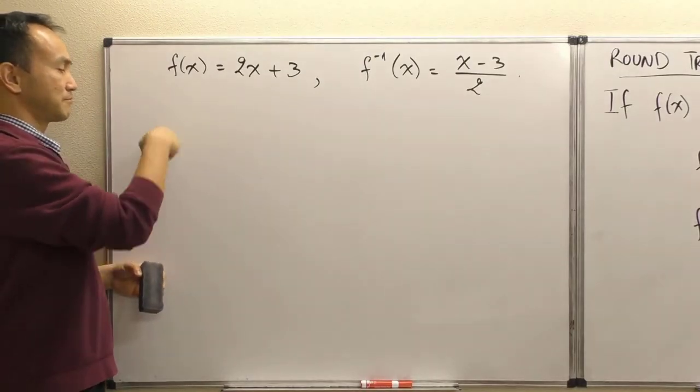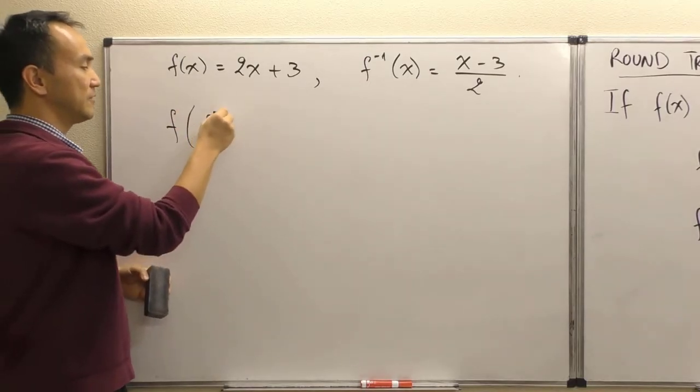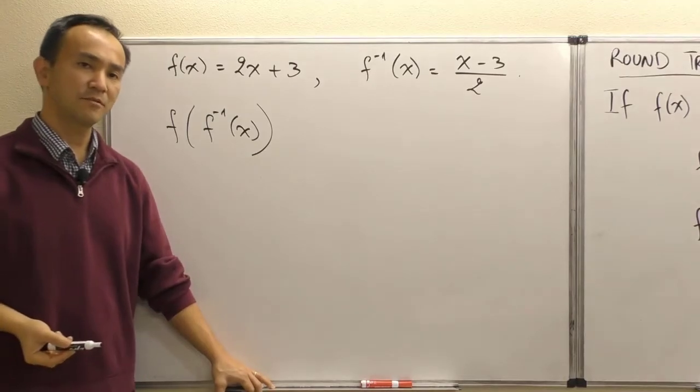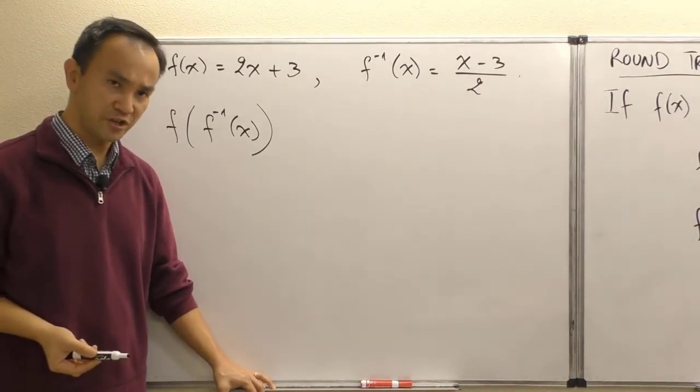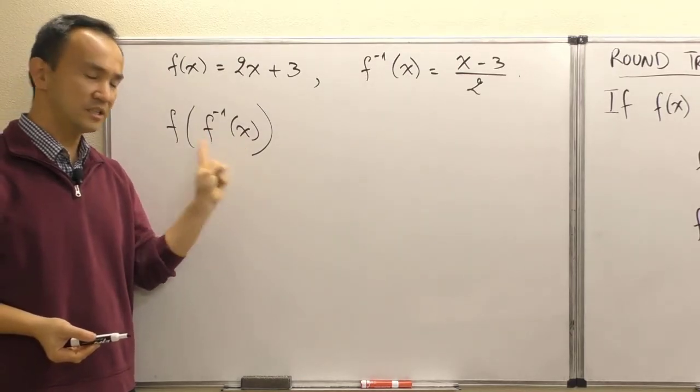So now I'm going to do f of f inverse of x. I'm going to purposely set up this composition of the two functions, but this time I'm putting f inverse inside of f.